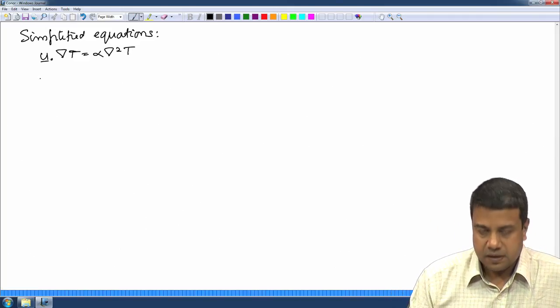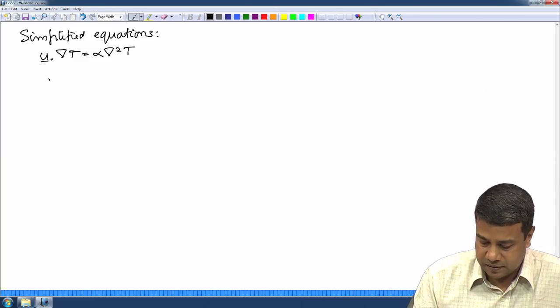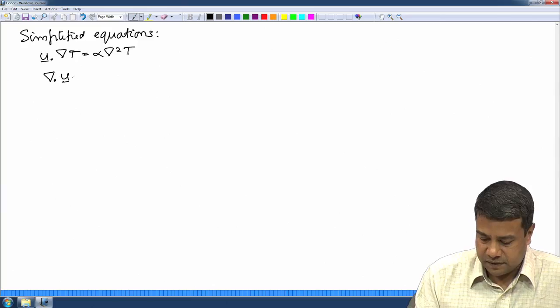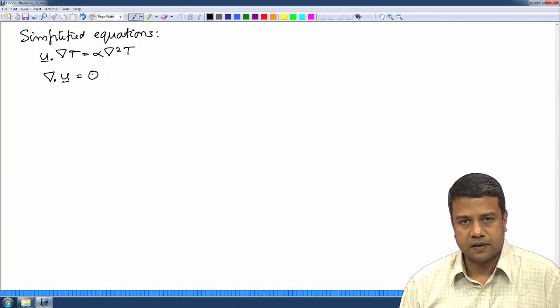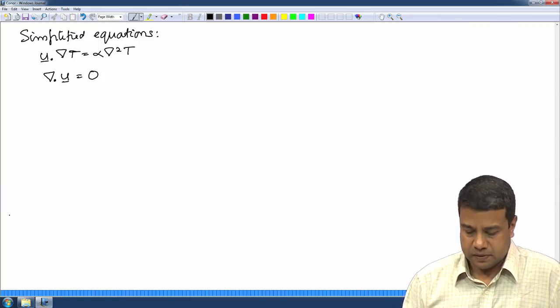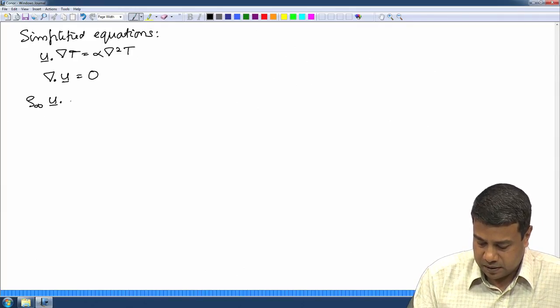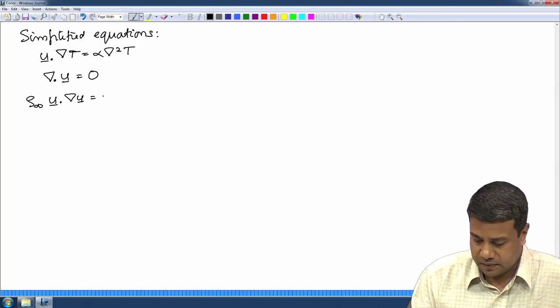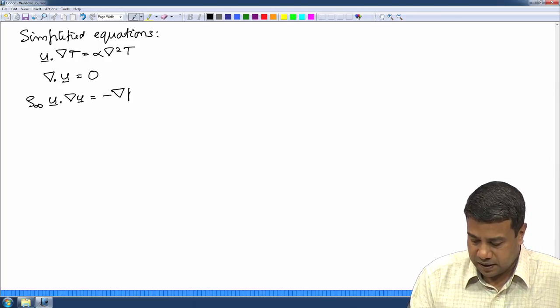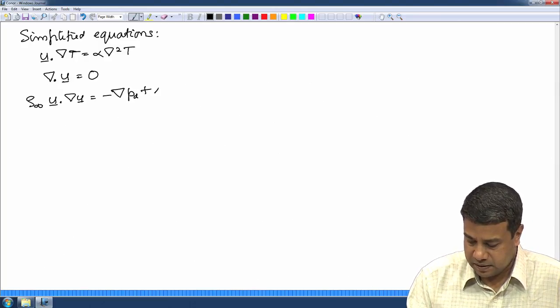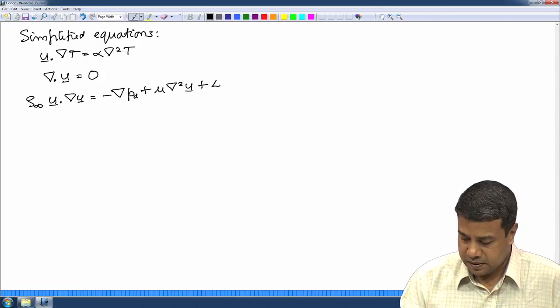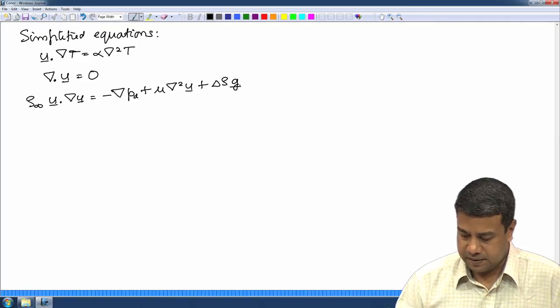The mass conservation equation just reduces to the divergence of velocity is equal to 0. And the momentum conservation equation is of the form rho infinity u dot grad u is equal to minus gradient of the dynamic pressure plus delta rho times g.